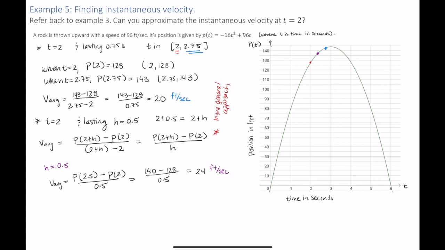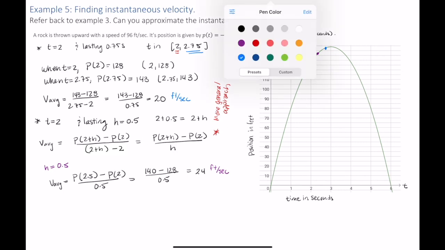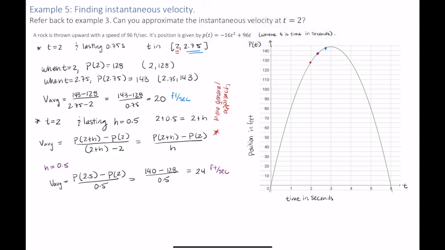So now on your own, using this more general form right here, I want you to find the slope of the secant line starting at t equals 2, lasting for h equals 0.25 seconds, 0.1, and 0.05 seconds.